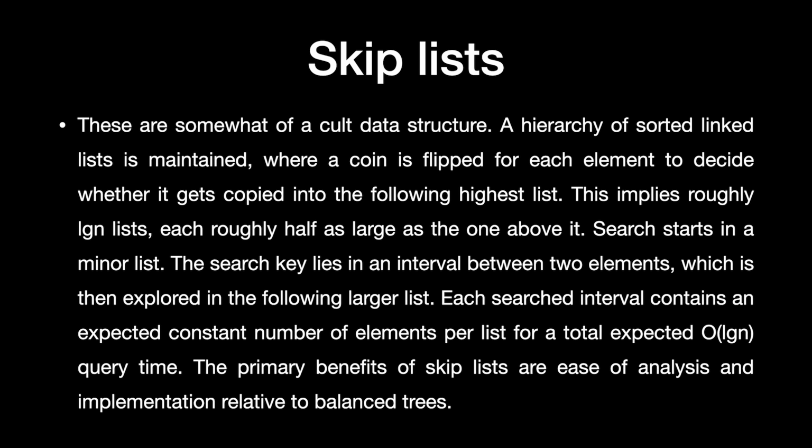The search key lies in the interval between two elements, which is then explored in the next larger list. Each searched interval contains an expected constant number of elements per list, for a total expected O(log n) query time. The primary benefit of skip lists is ease of analysis and implementation relative to balanced trees.